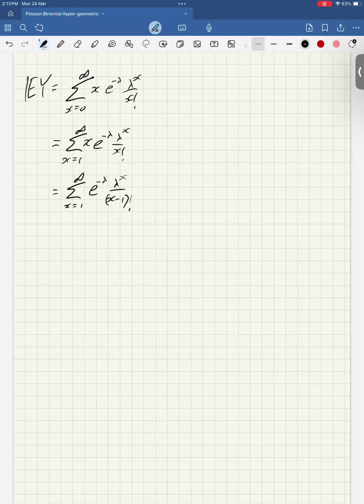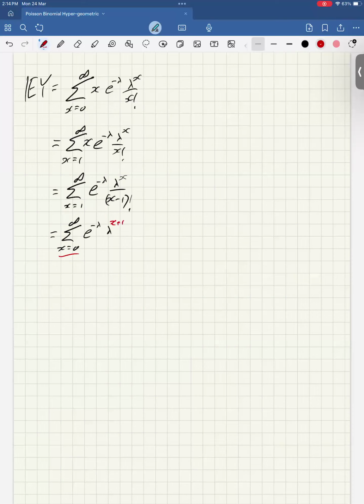Now, when we see this, it makes us want to sum from 0 instead, with 0 factorial, 1 factorial, etc. So let's do a shift of the summation, and sum x going from 0 to infinity, e to the minus lambda, and now lambda, and here we need to put x plus 1 in the exponent.